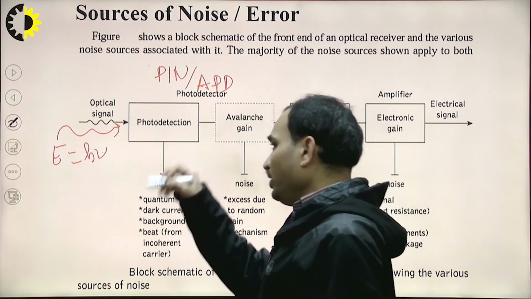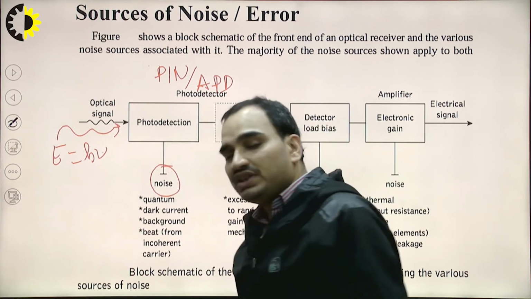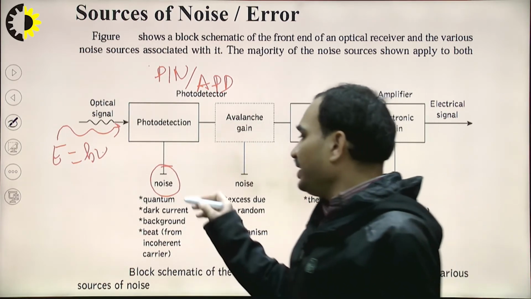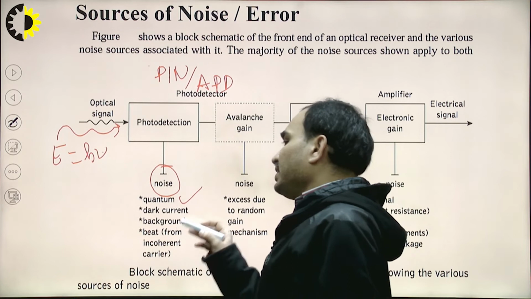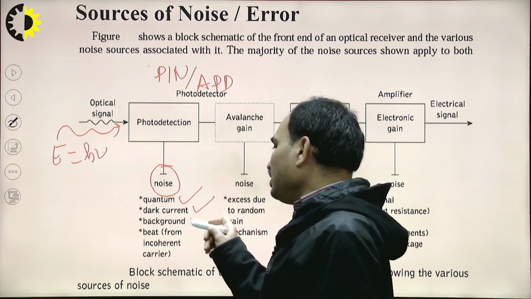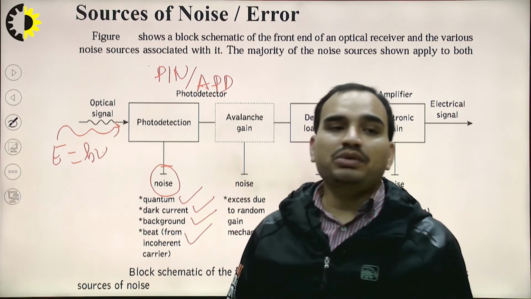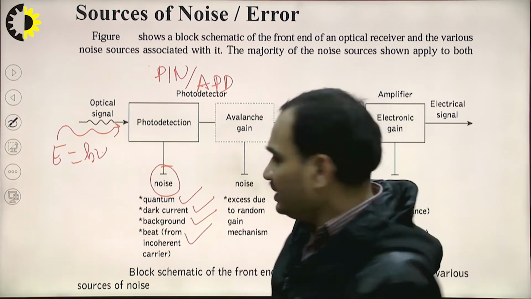So here also in the photodetection process we are having the noise. The noise may be a quantum noise, or it may be the dark current noise, or the background noise, or the beat. A beat may be from the incoherent carriers.